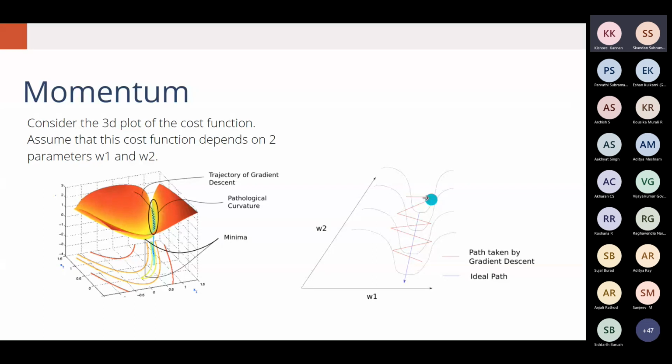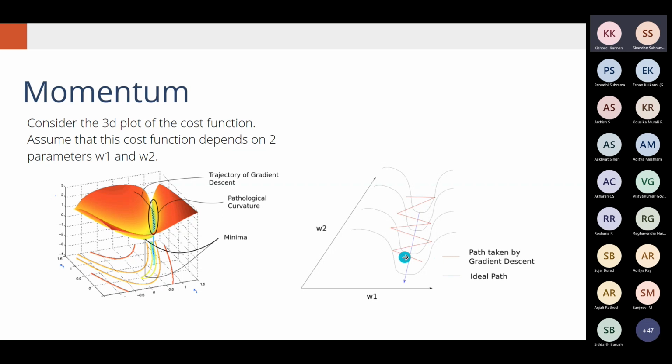But here's the problem. Suppose I start here and assume this is the trajectory of a very bouncy ball. If I stand at this point and throw a very bouncy ball at a very high velocity in this direction, it's going to keep bouncing between the hills or the walls.